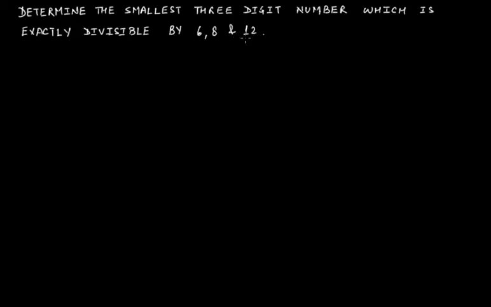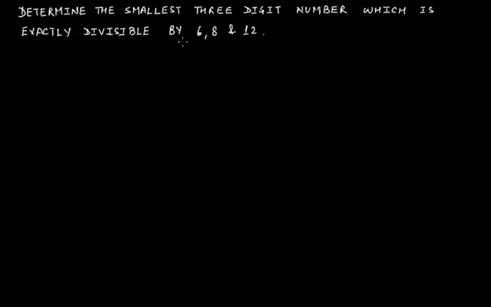So you will instantly say that the least number that will be divisible by these three numbers can be found by calculating the least common multiple, because least common multiple means that these numbers are the factors of that particular number, and therefore that number will be exactly divisible.